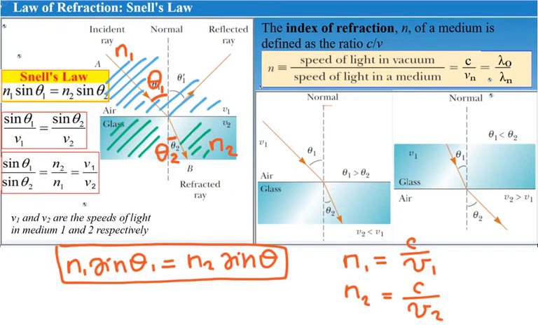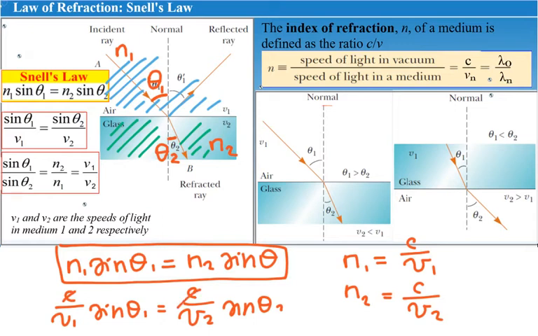Then I can rewrite it as C over V1 sine theta 1 is equal to C over V2 sine theta 2. And if C and C cancel, the speed of light cancels, then I have this formula that is given in the lesson, and that I'm putting the box around. So that gives you this formula.